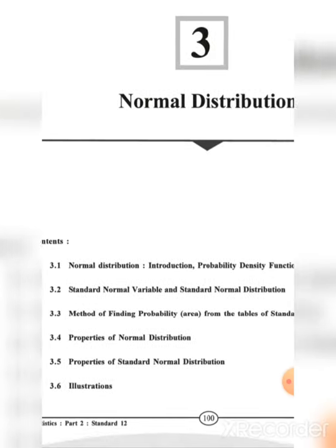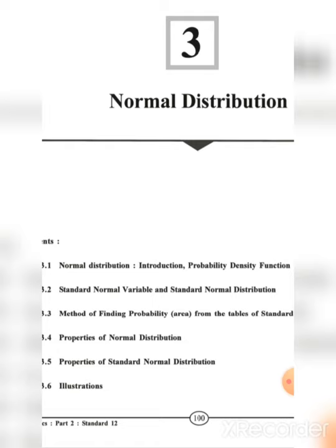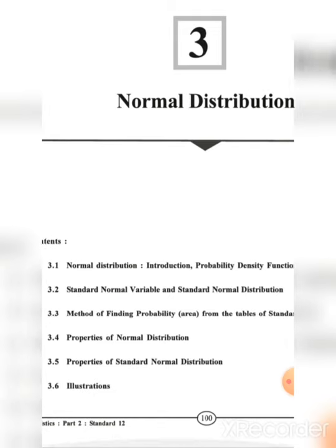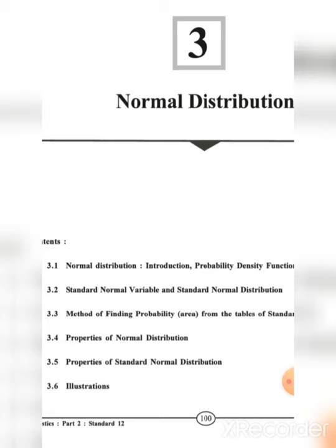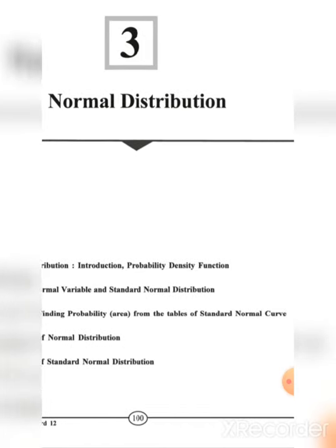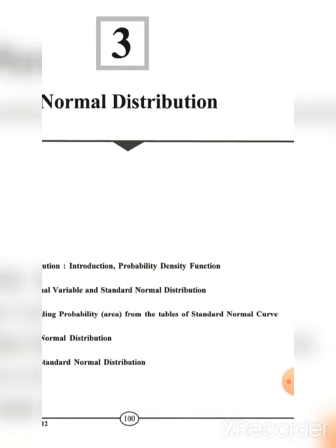Then after that, we are going to see what we mean by standard normal variable and standard normal distribution. In fact, what is normal distribution and what is standard normal distribution, that we are going to study. We are also going to see how the different areas or the probability could be found out with the help of the table of a standard normal curve.